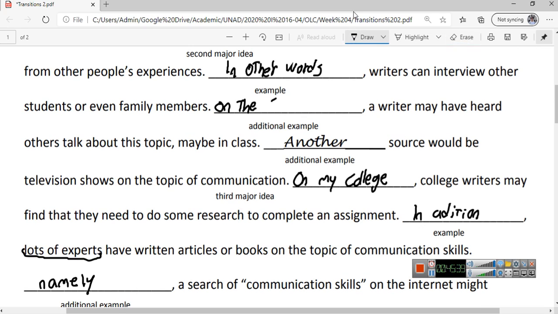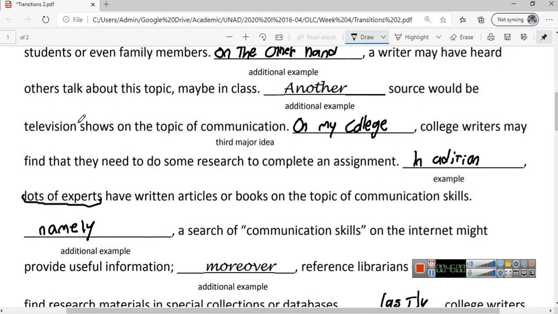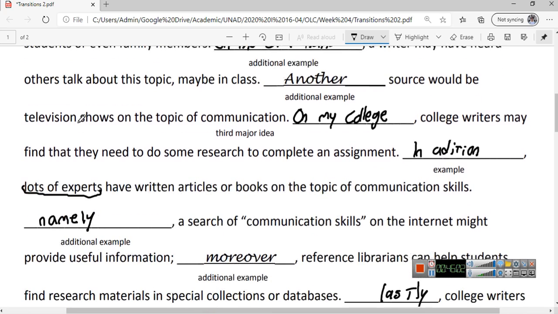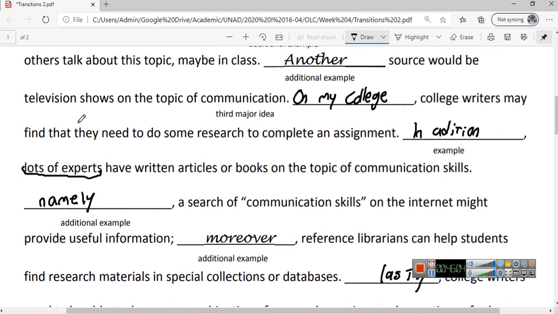On the other hand, that looks so bad. On the other hand, a writer may have heard others talk about this topic, maybe in class. That sounds better. Another source will be television shows on the topic.